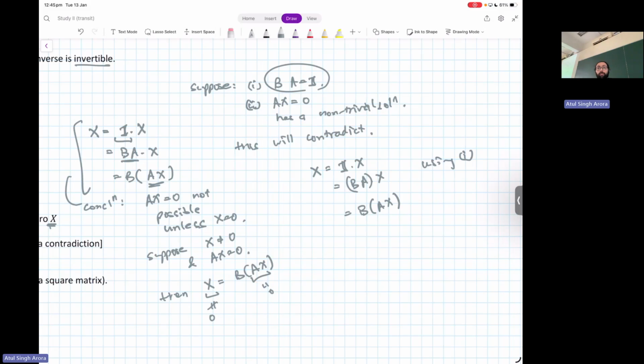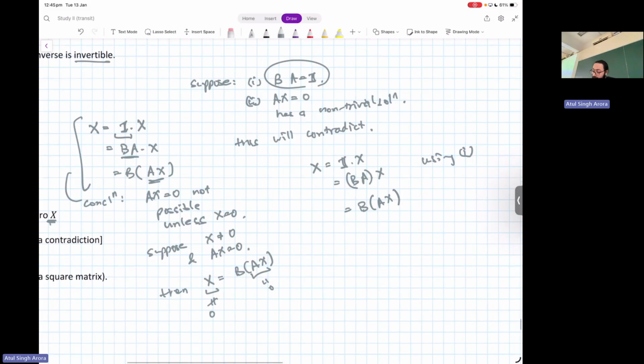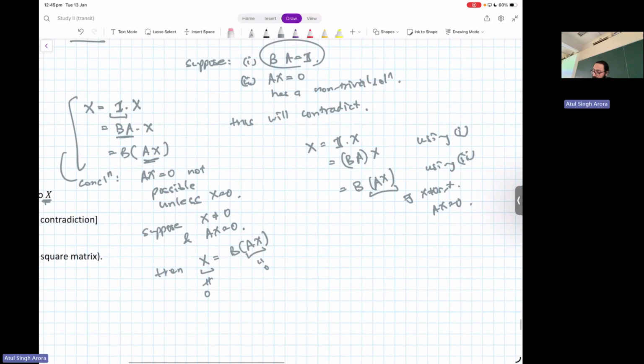So far everything is good. And now, using statement 2, we know that there exists x such that x not equal to 0 such that Ax is 0, correct? So what that means is that this side is 0, but this side is not 0. So that's not possible.